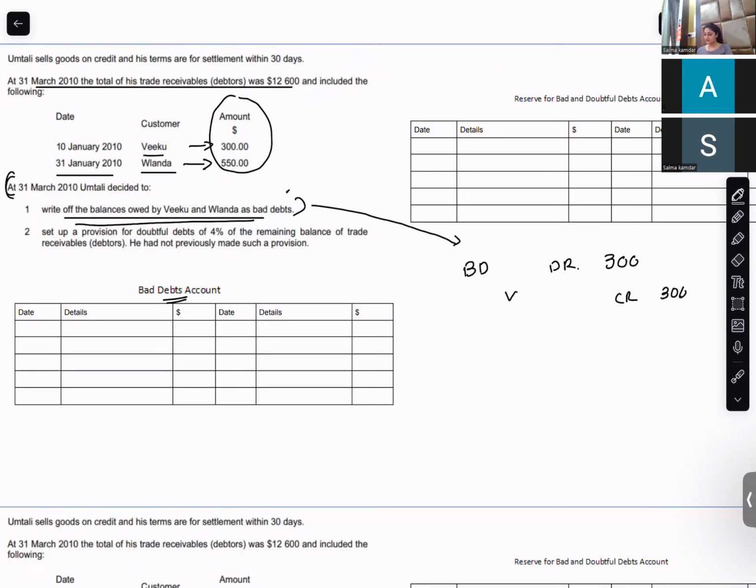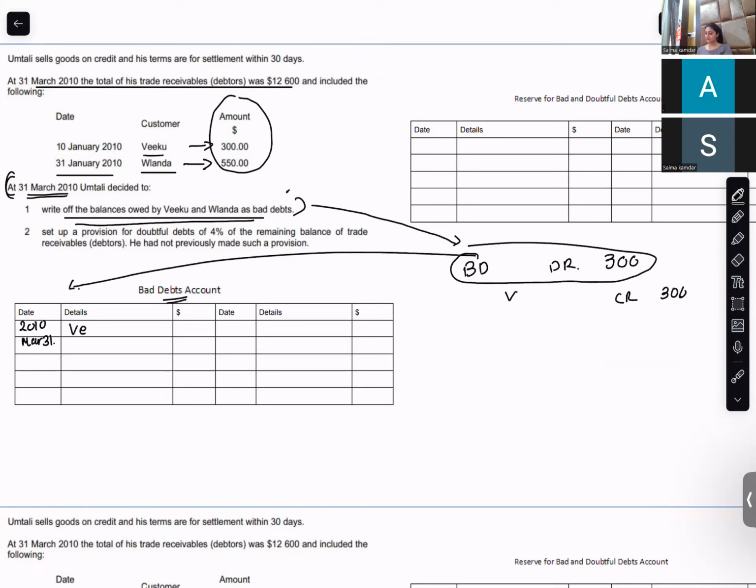When is she deciding to write it off? Last date, 31st March. So I'll write 2010 March 31. On the debit of bad debts, I will write Viku, 300, and Mulanda, 550.